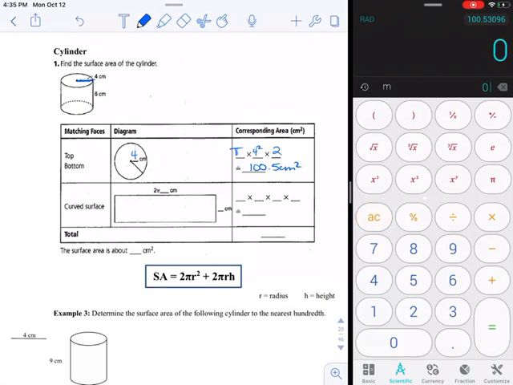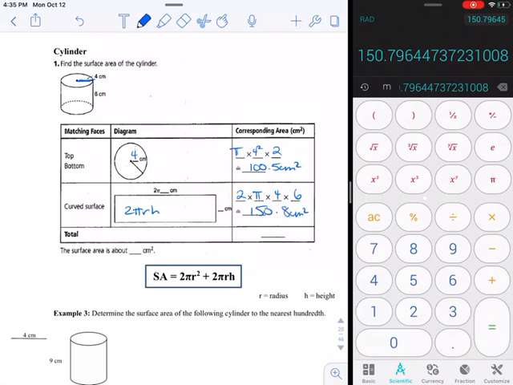And then this one, the formula is 2 pi RH. So 2 times pi times the radius of 4 times the height of 6, and that will give us a total of 150.8 centimeters squared.